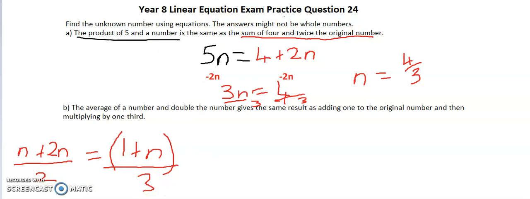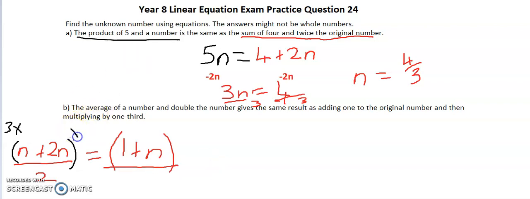So if I times both sides by 3, it cancels out my denominator on the bottom, because divided by 3 times by 3 cancels out.